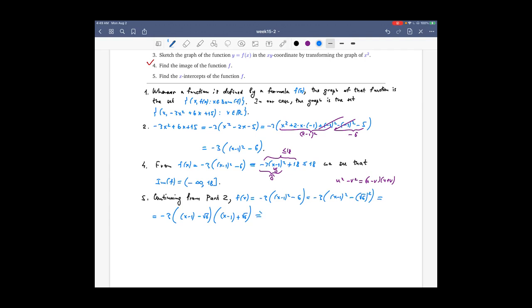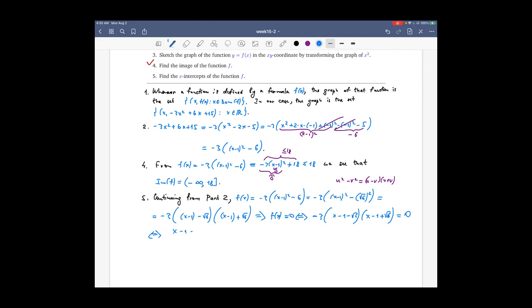And so if I equate f to 0, meaning I'm equating negative 3 times x minus 1 minus root 6 times x minus 1 plus root 6 to 0, that is logically equivalent to, since we have a product of two numbers equal to 0, the product is 0 if and only if at least one of the cofactors is 0.